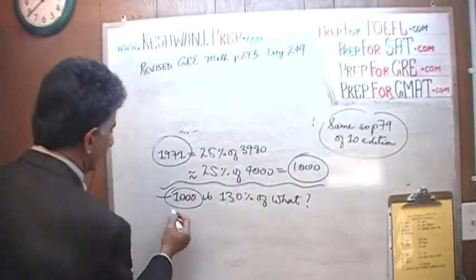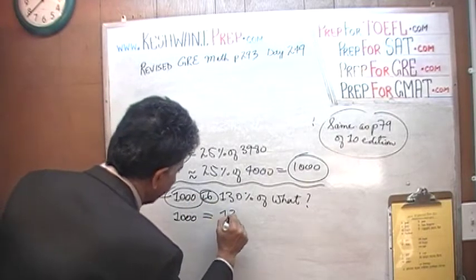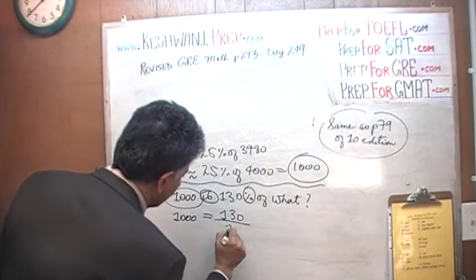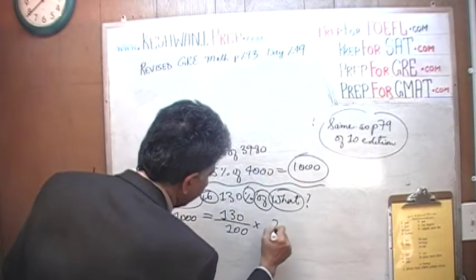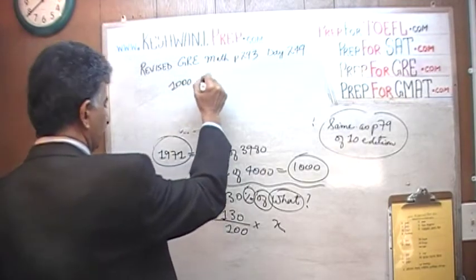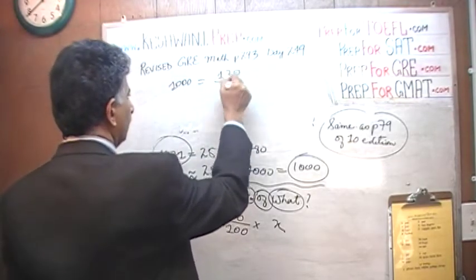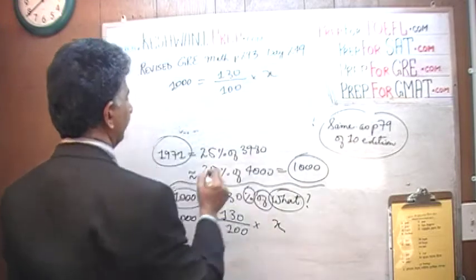So 1,000 is, means equal, 130% means over 100, of means times, and our what is our unknown. So that's our equation: 1,000 equals 130 over 100 times x.